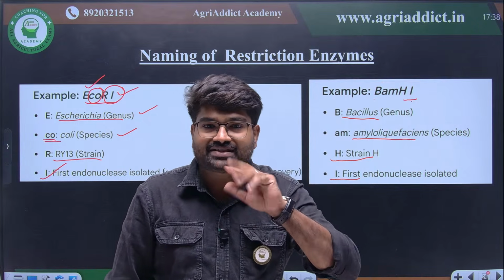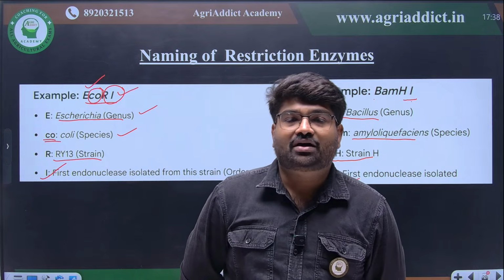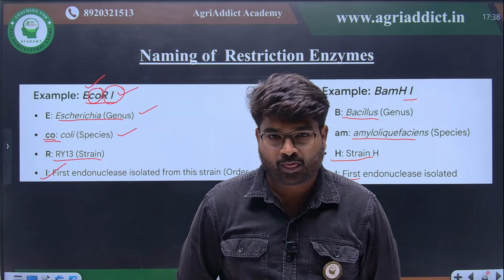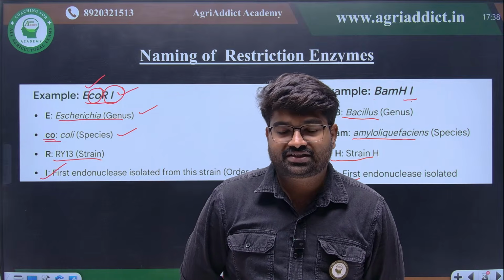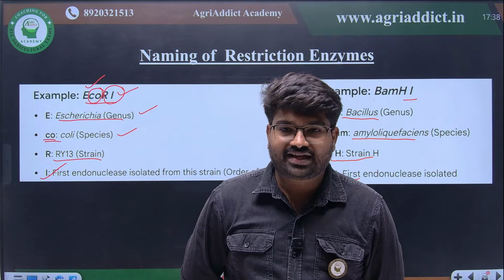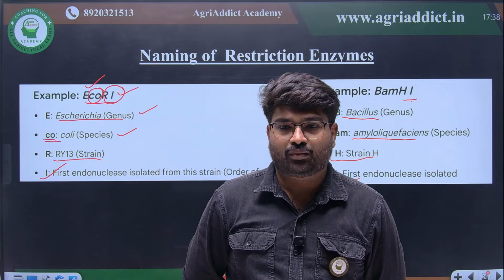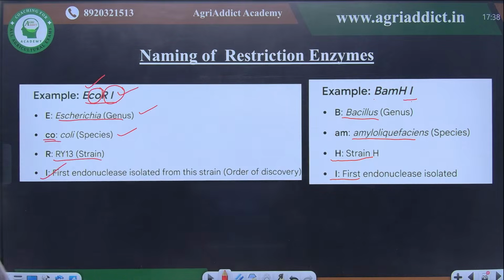Okay. In a statement question, they can ask: restriction enzymes are also present in bacteriophages, whether it's true or not; restriction enzyme is also present in plants; restriction enzymes are present only in bacterium. What will be the answer?